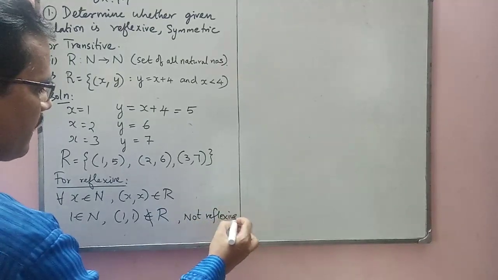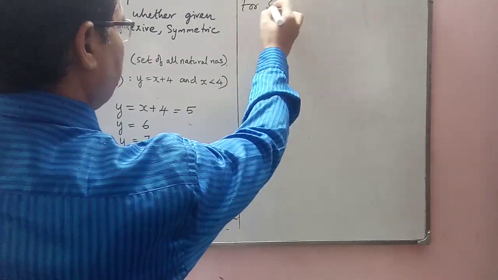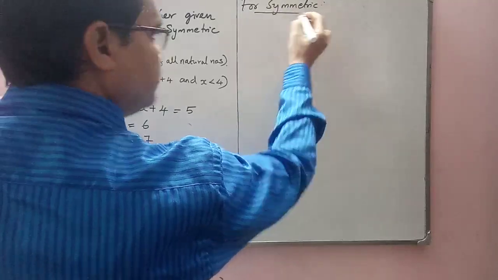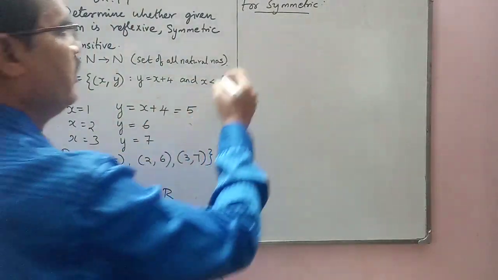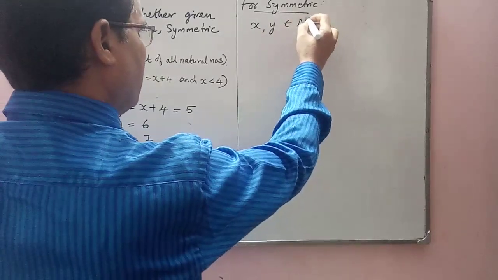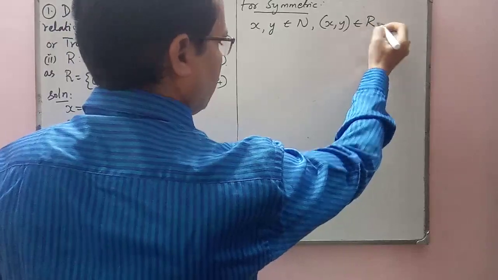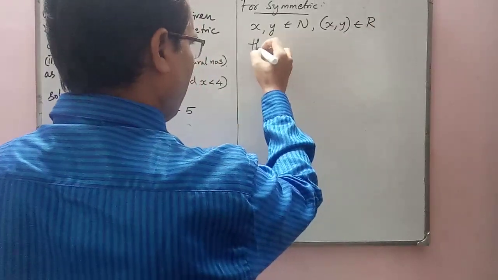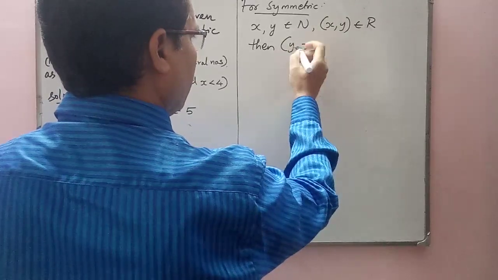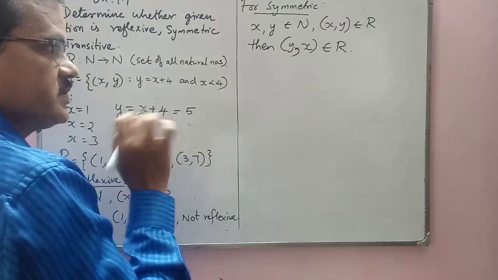Okay children, the second condition, for symmetric. For symmetric, you take two elements x, y belonging to N. If the ordered pair (x, y) is present in R, this implies (y, x) should also be present in R, then you can call it symmetric, otherwise it is not.